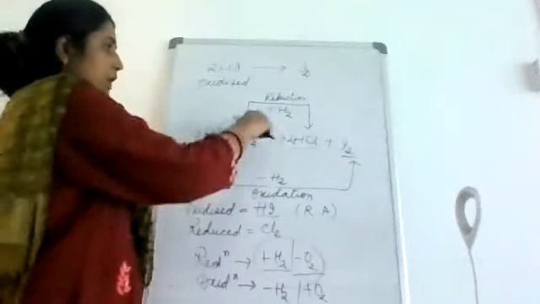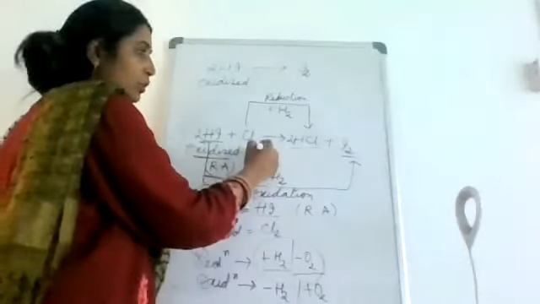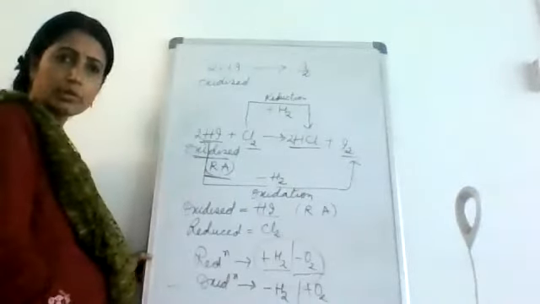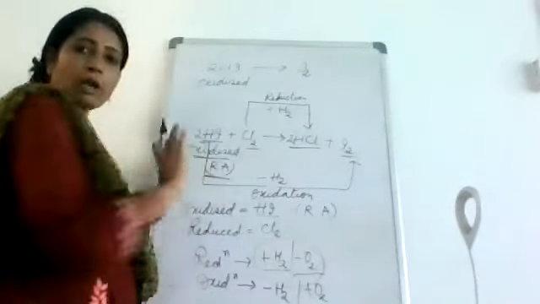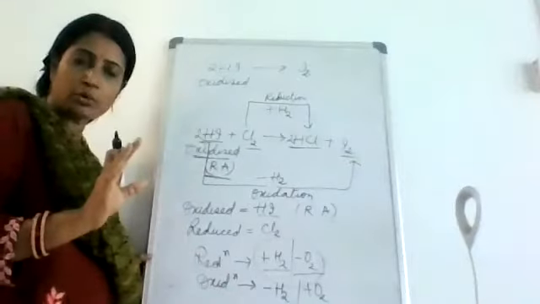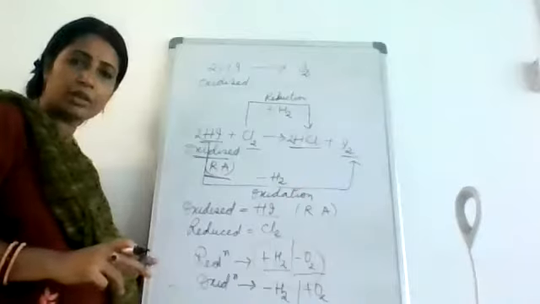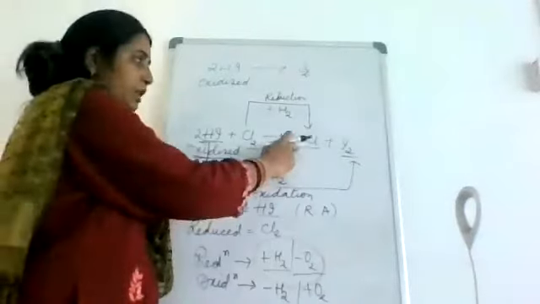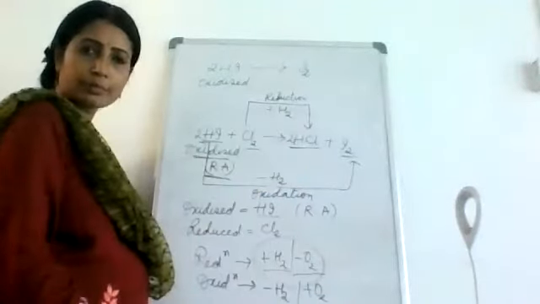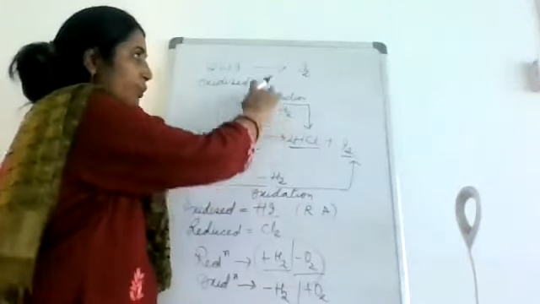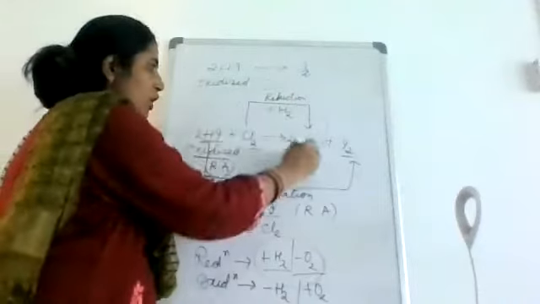Now, another part, chlorine. Chlorine is forming what? Hydrogen chloride. Earlier there was no hydrogen here, but on the product side we find that hydrogen has been added. So when hydrogen is being added, this process is called what?